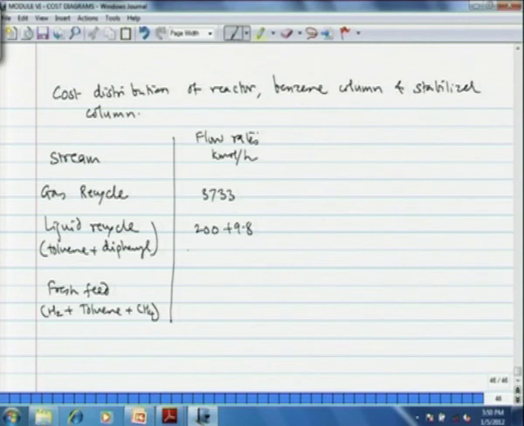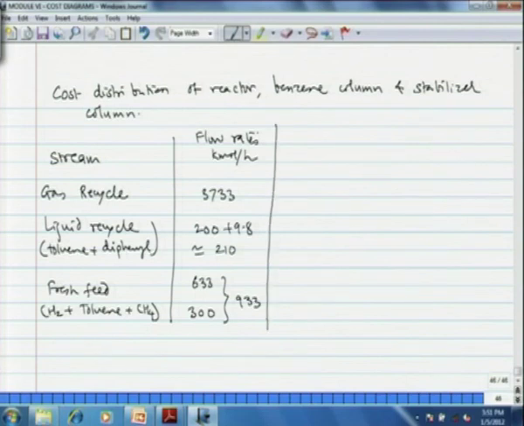So, 200 plus 9.8, that we approximately take as 210 moles. Then fresh hydrogen 633.3 or just 633 we can take, and the fresh toluene 300 moles, so 933.